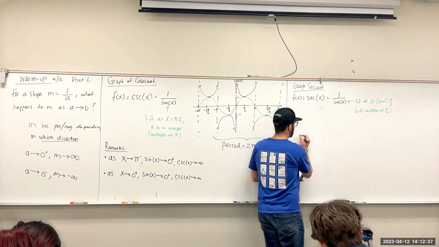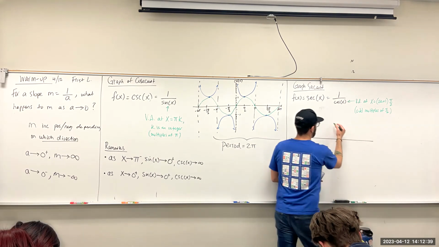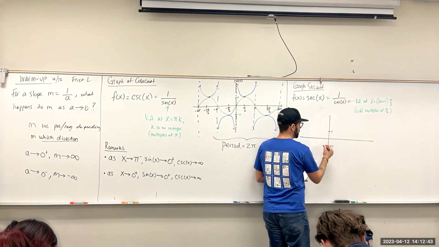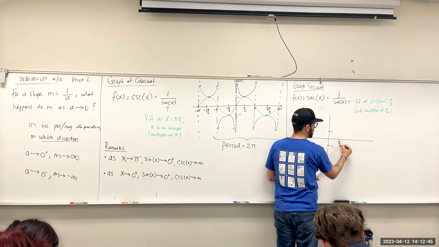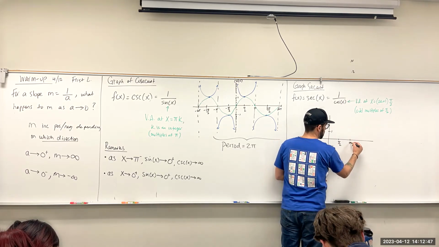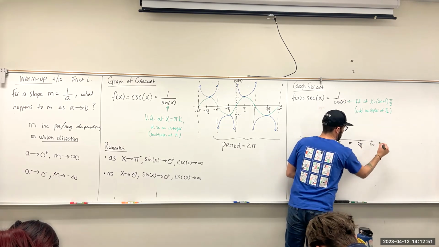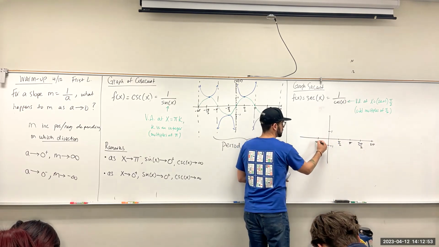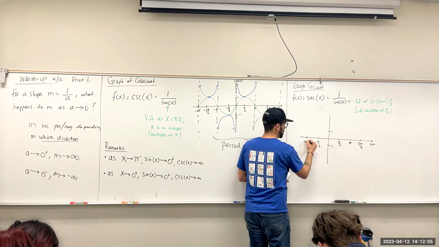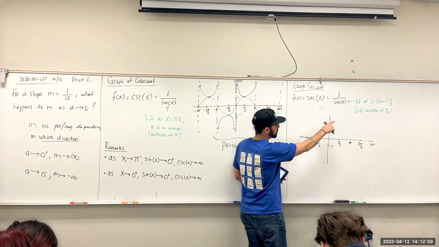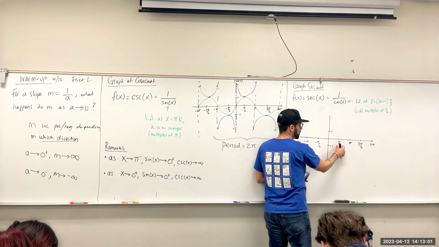So if I want to start graphing it, I'm going to do the same kind of trick and start by graphing cosine instead. And so we know we're going to have vertical asymptotes at all the odd multiples of pi over 2.